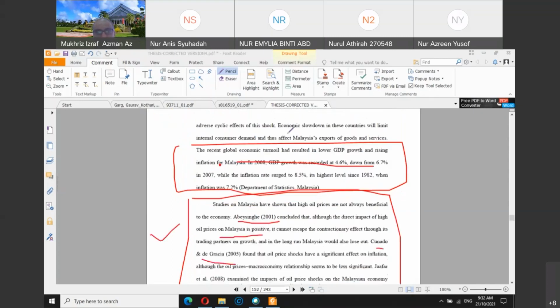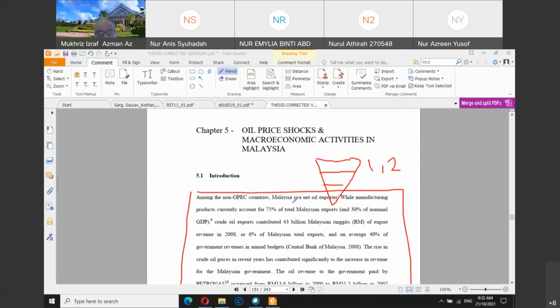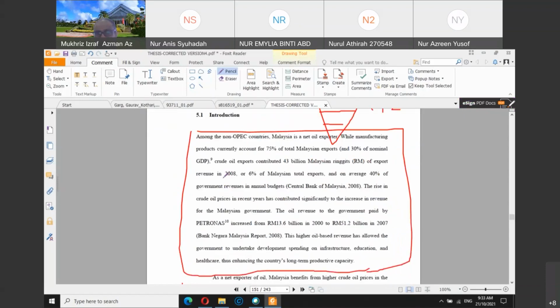But the main thing you need to remember is that the introduction should go from general to specific. If you're talking about online purchase during the pandemic, you can start directly on online purchase during the pandemic, but in general terms. The first paragraph can start directly on that, yes, but not on Malaysia first.